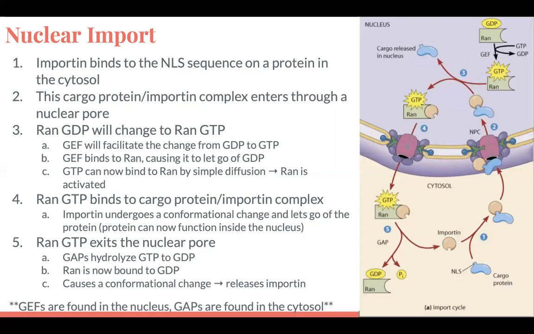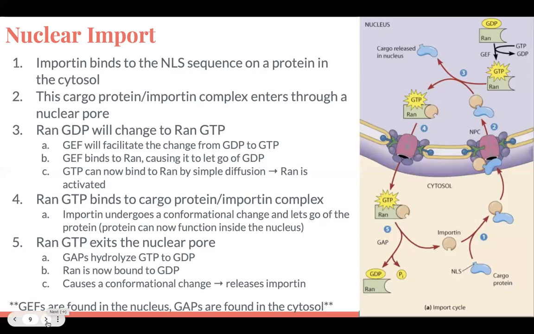After the RAN-importin complex is in the cytosol, a GAP will cleave a phosphate off of this GTP, making it into GDP. So now RAN is inactive, which will now release this importin, which now can go bind to more proteins as it needs.